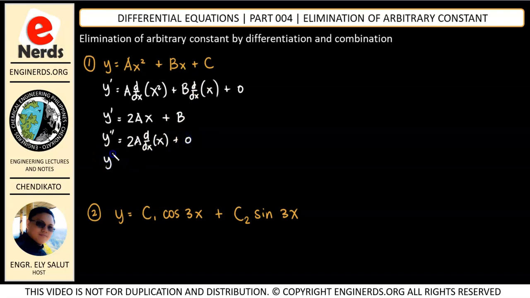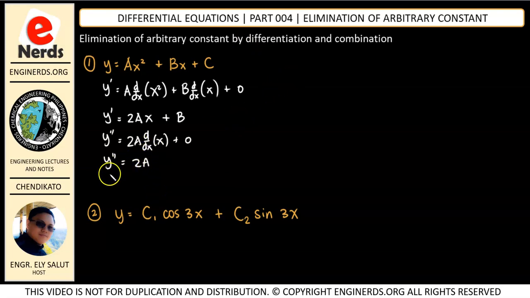So therefore, our y double prime is equal to 2a, the derivative of x, which is 1. Okay? So that means we have here y double prime is equal to 2a. Okay, so isa na lang yung natitirang arbitrary constant natin, which is a.